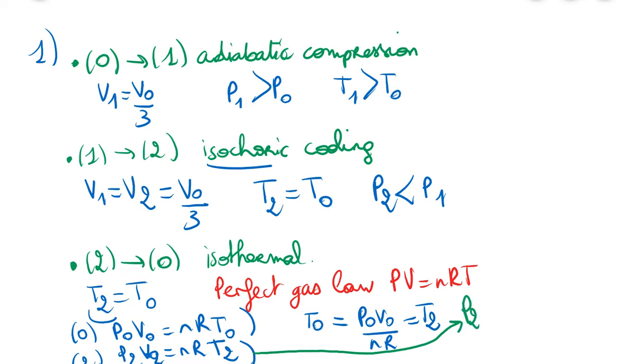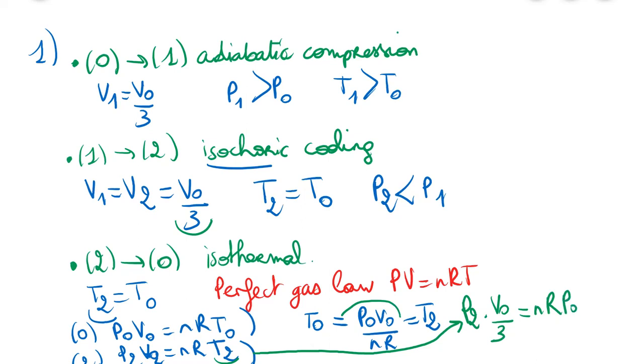So now I will have P2 times V2. But there is something that I know about V2 actually, because I just expressed V2 here. So it's going to be V0 over 3. And then for the nR, I'm going to keep it. And for T2, I'm going to use the expression that I just found.